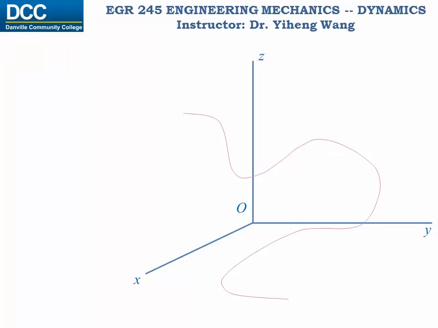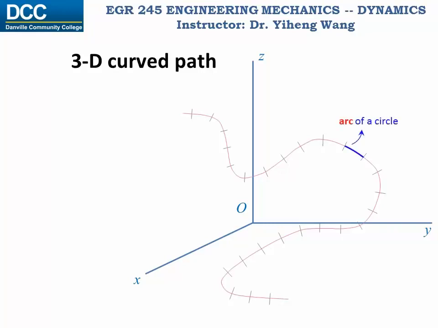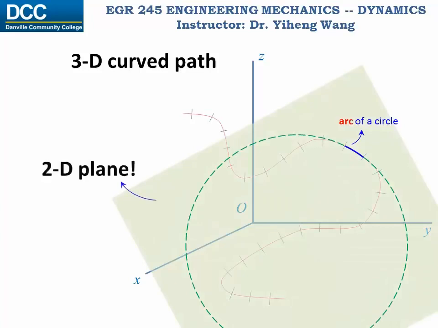Now, let's look at this 3D curved path. It can be divided into small segments of curves with equal lengths. When the segments get small enough, each one approaches an arc, which is a segment of a circle. And we know that a circle always falls in a 2D plane.